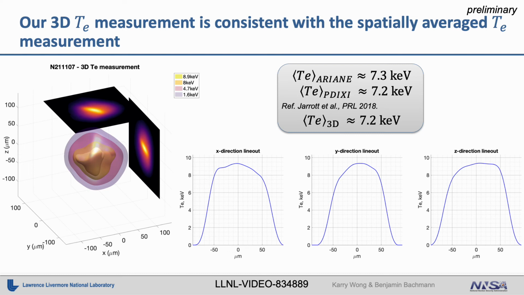And we went on to produce the 3D TE map with the input X-ray images spatially aligned correctly. Here is the line out of our 3D TE measurement, and again we benchmark our result with the spatially X-ray emission weighted average TE.